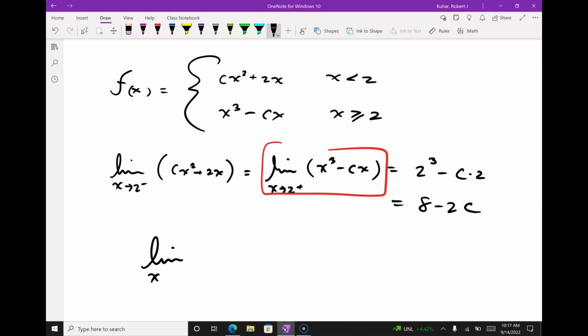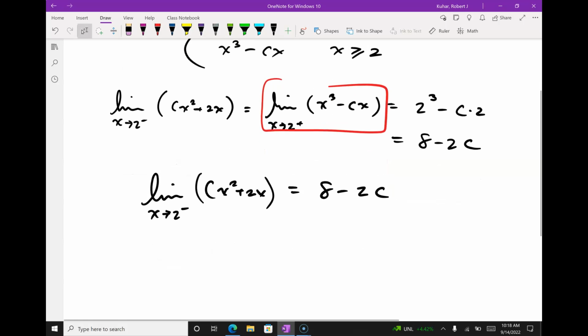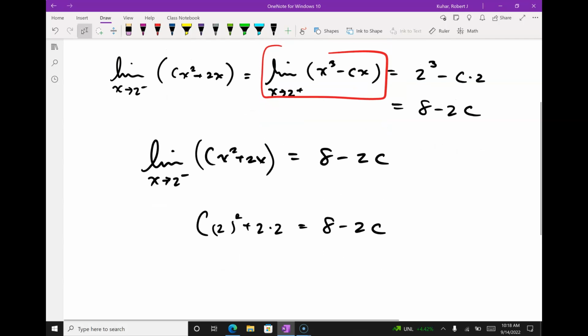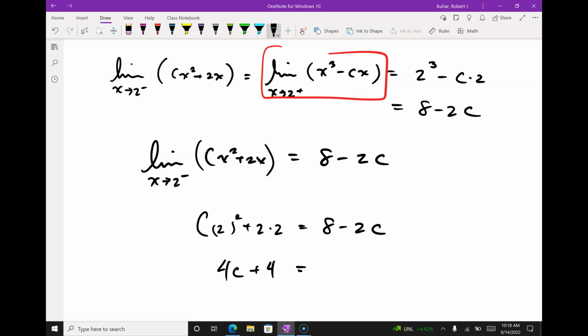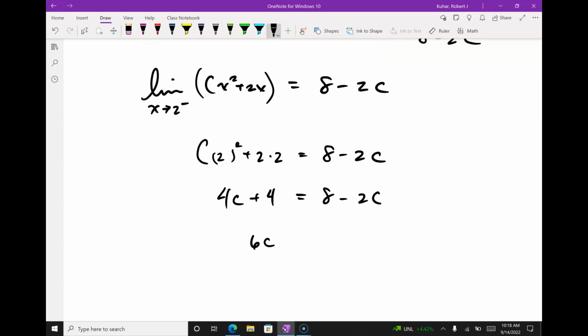So I need the limit as x goes to 2 from the left of cx squared plus 2x to be equal to 8 minus 2c. So what do I do on the left? Plug in what? 2. So I get 4c plus 4 equals 8 minus 2c. So I get 6c equals 4, or c is what? 2/3.